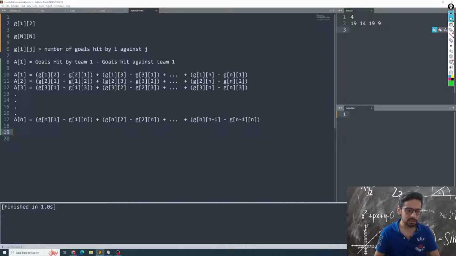Let's see how we can find this. Let's try finding this one first. If you look, this is the same as the minus of G1n and Gn1. Take this to the left hand side of this equation and bring A1 to the right.